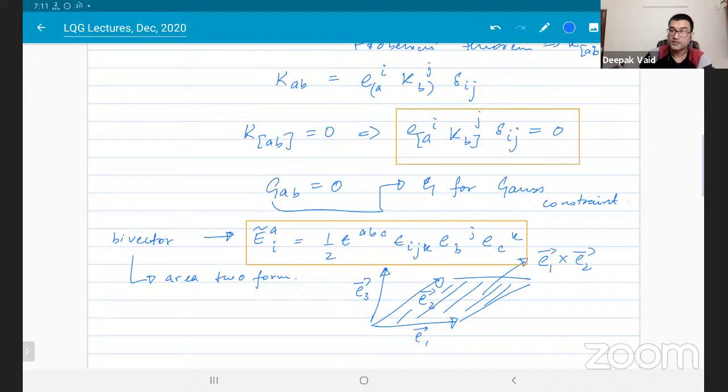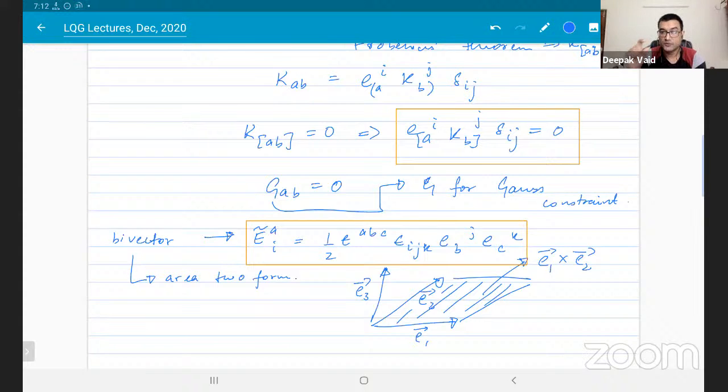So there it wouldn't really make that much of a difference whether you write it as a one form or a two form. In fact, we will see later on when we talk about the Palatini action, there is something called the Holst modification. So we will look at the wedge product of tetrads, and on the wedge product of tetrads, we will define this duality operator, the Hodge duality operator.